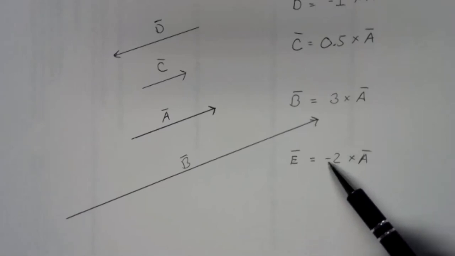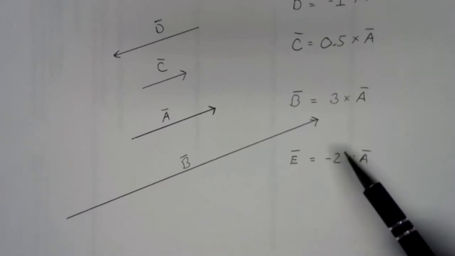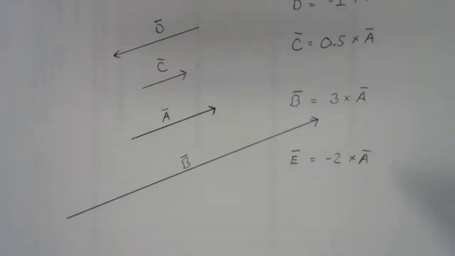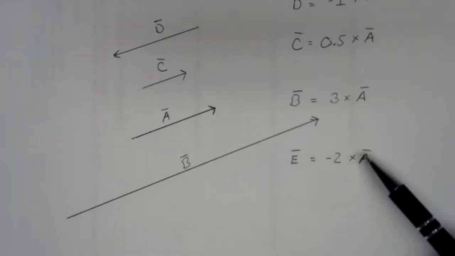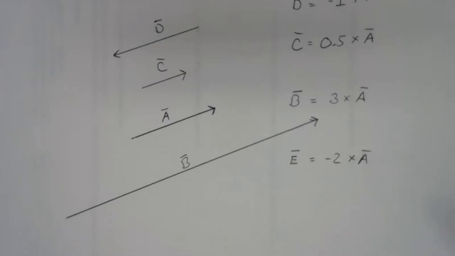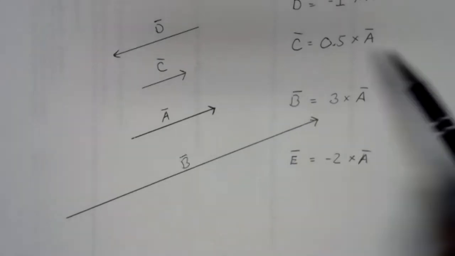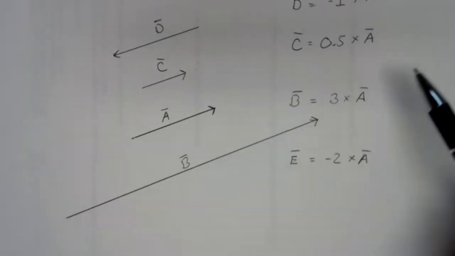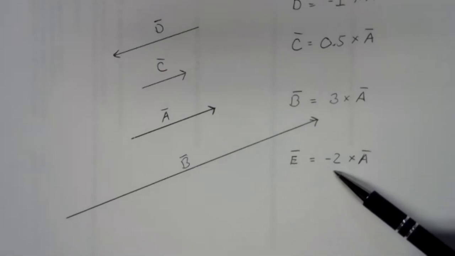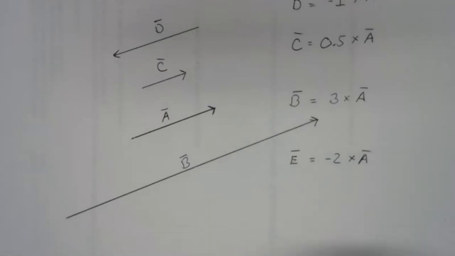Here we've got a negative scalar, so it's going to flip the direction. So it's going to be pointing in the same direction as D, opposite A, but the 2 is going to make the vector twice as long. So my original vector was 2 inches long, pointed to the upper right. Vector E is going to be twice as long, so it'll be 4 inches long, but it'll be pointed to the lower left.